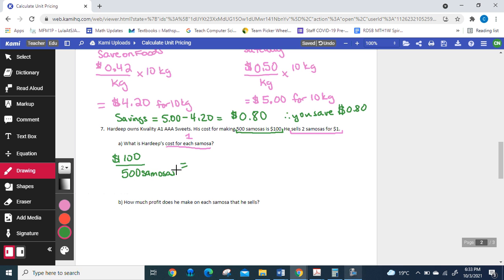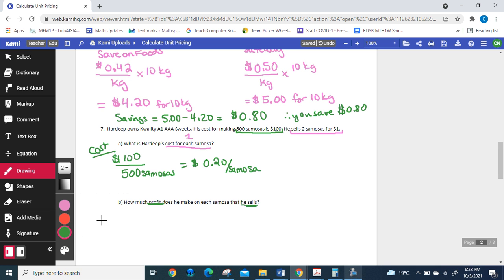Well, 100 divided by 500, isn't that just 0.2? Sure is. So that means it's going to cost us 0.20, so 20 cents per samosa. So that's our cost. How much profit does he make on each samosa that he sells?